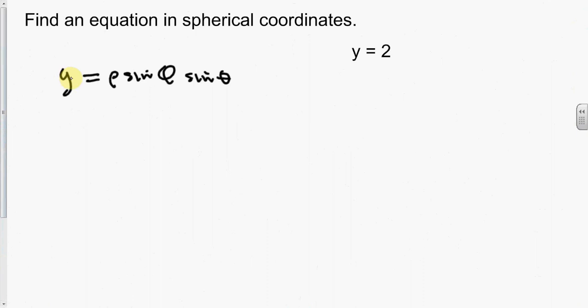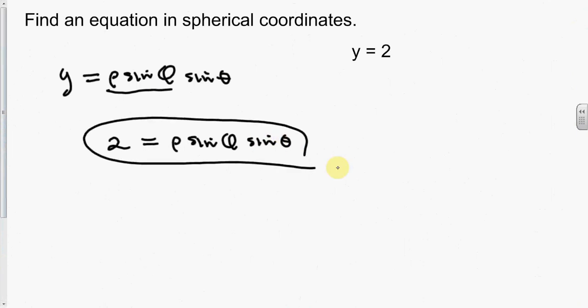So this is still y is equal to r times sine theta. Here y is equal to 2, so all you need is 2 is equal to rho sine phi sine theta. You can't leave it. We got to have the rho.